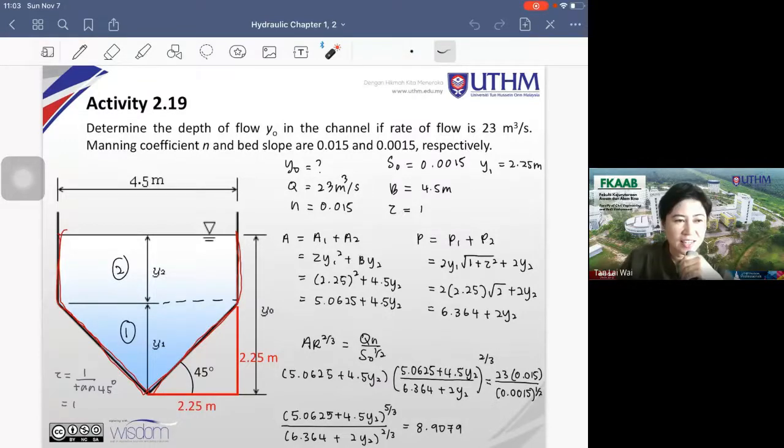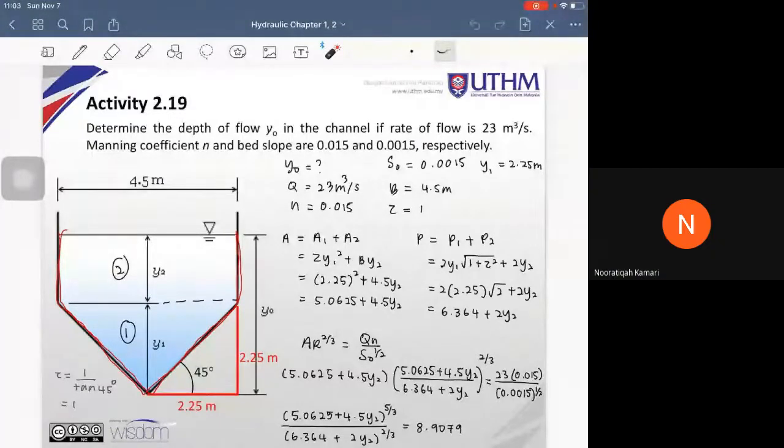Atika, I wanted to ask you one thing. What's the difference between Y and Y naught that you are using here? Y2 is for the depth of the rectangular part.